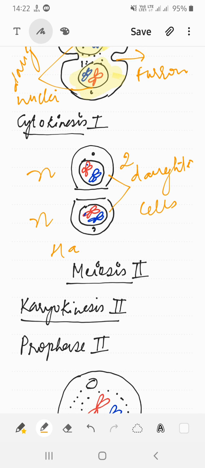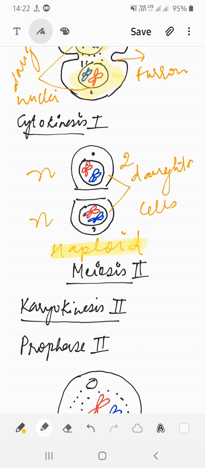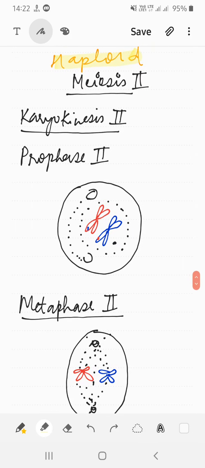Is it clear? By the end of meiosis 1, we will find two daughter cells with haploid number of chromosomes.